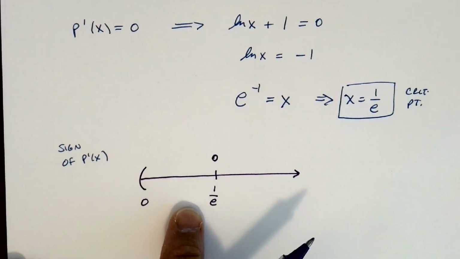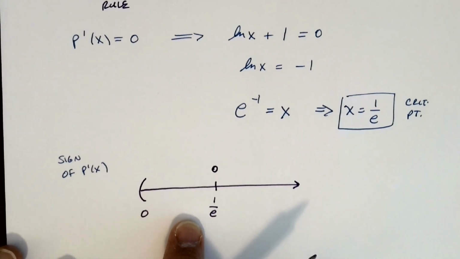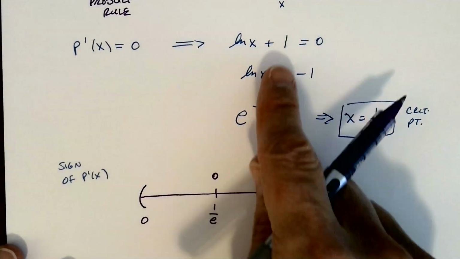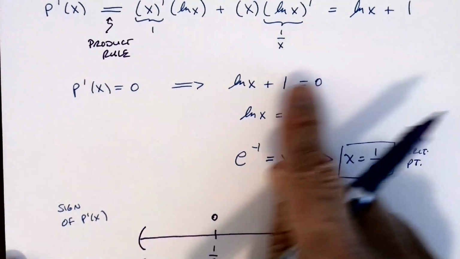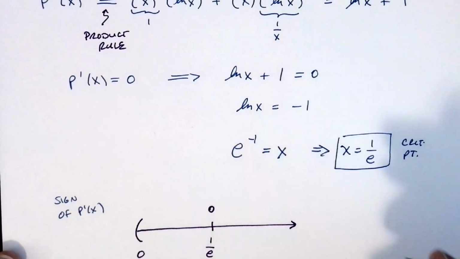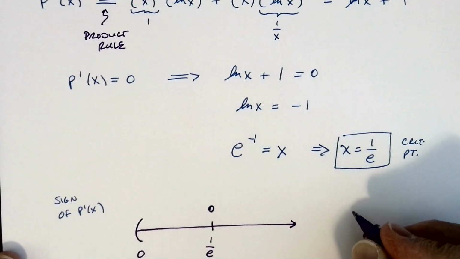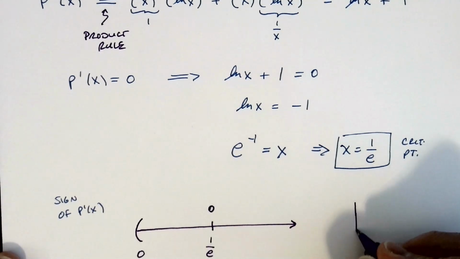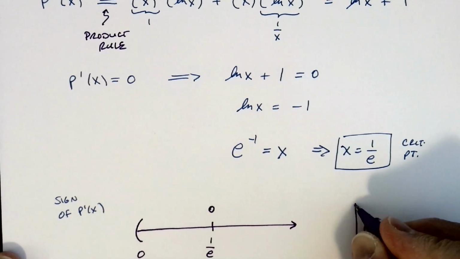Okay. Well, in order to think about that, you need to know the behavior of the natural log function, because the derivative is the natural log of x plus 1, right? So let's take a look at the natural log function here first of all.